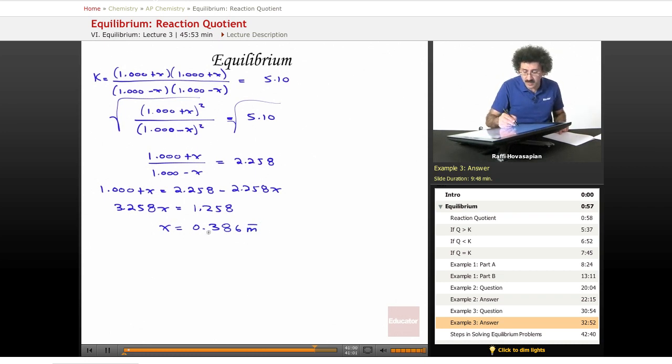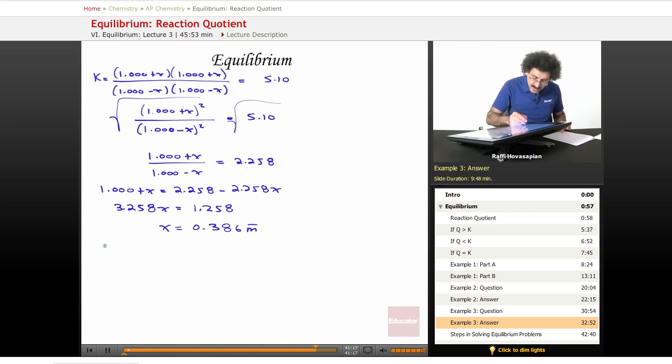So we found X. X is 0.386 molar. Now if you go back to your ICE chart, it didn't ask for what X was, it asks for the final concentration. Well, the final concentrations were the 1 minus X and the 1 plus X for those 4 species.